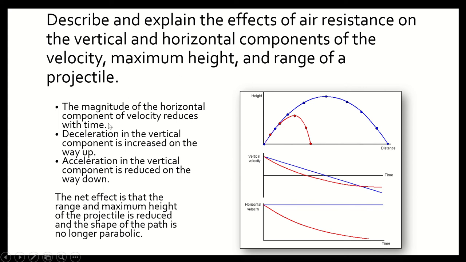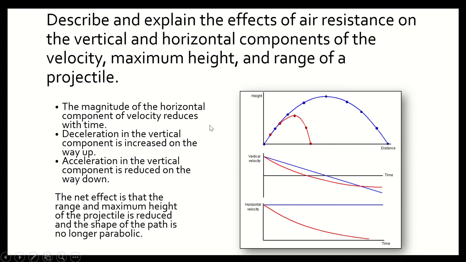So basically, the magnitude of the horizontal component of velocity reduces with time. If you're chucking a projectile up into the air, the drag force is always opposing it. On the way up, if it was launched at an angle, it's opposing it at an angle, but it's going to have a horizontal component. That force is opposing the motion and decelerating the object.